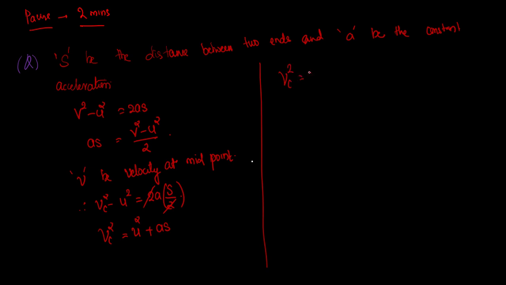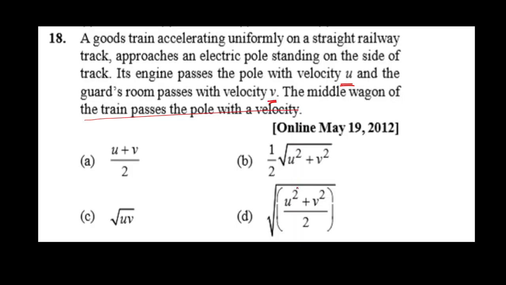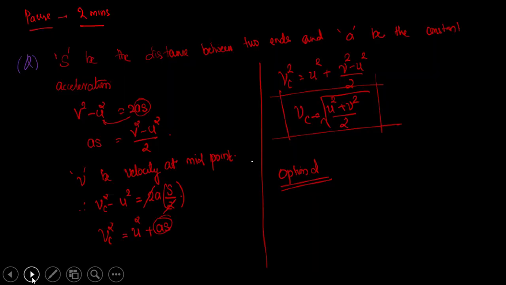So Vc squared is equal to u squared plus as. Instead of as, I can write (v squared minus u squared) by 2. You solve it, you will get Vc as root of (u squared plus v squared) by 2. So what's our correct option? Our correct option is option D. You can see here (u squared plus v squared) by 2. That's our correct option. I hope you guys got the answer.